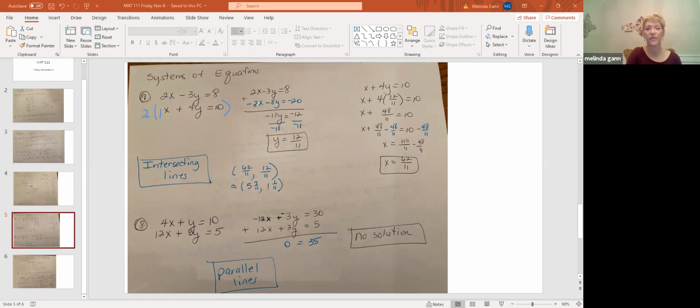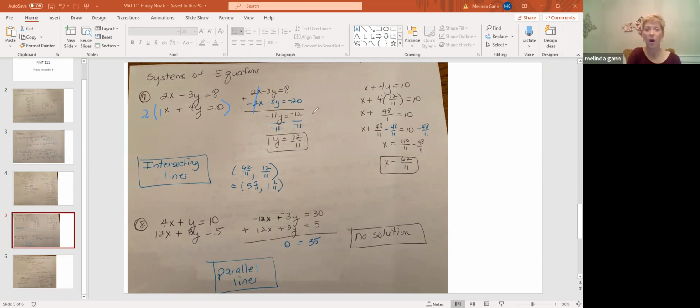So remember, once you get the x's opposites or the y's opposite, you add the equation. So my x's go out, and a negative 3y plus a negative 8y gave me a negative 11y. And then 8 plus a negative 20 is a negative 12. So to get y by itself, I divided both sides by a negative 11, and y came out to be positive 12 over 11 because a negative divided by negative is a positive.